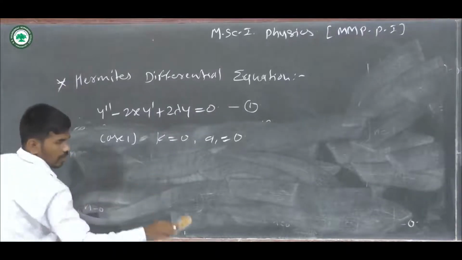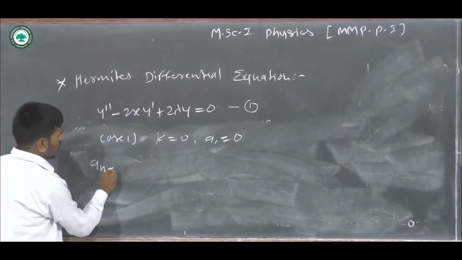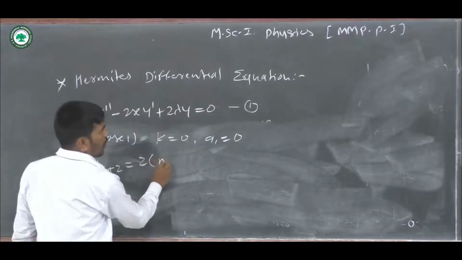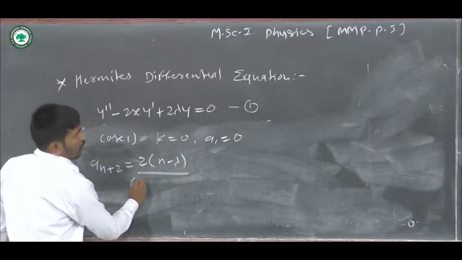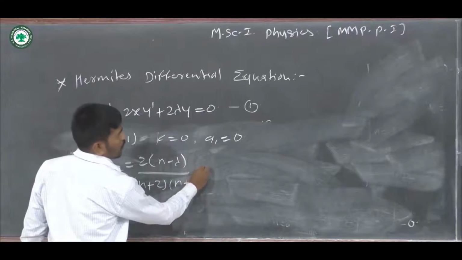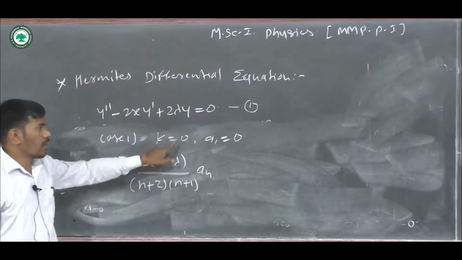For k is equal to 0, a n plus 2 is equal to 2 into n minus lambda divided by n plus 2 into n plus 1, after putting k equal to 0.